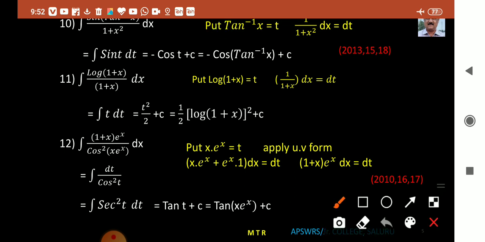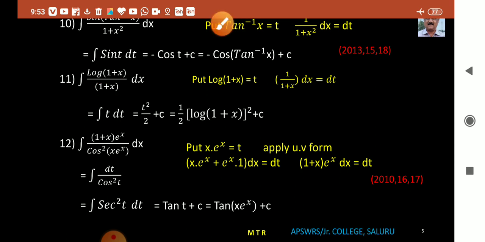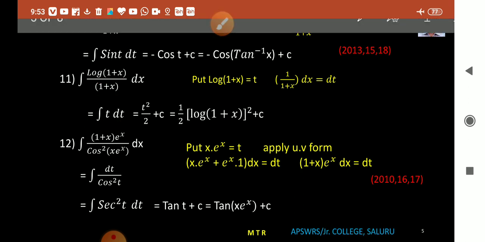So the derivative of log 1 plus x, 1 by 1 plus x dx, is equal to dt. So integral log 1 plus x, the log 1 plus x is t, you write this t. 1 by 1 plus x dx, the whole thing is dt. So the given problem is converted to integral t dt. You know the integration of t is, yes, t square by 2 plus c.